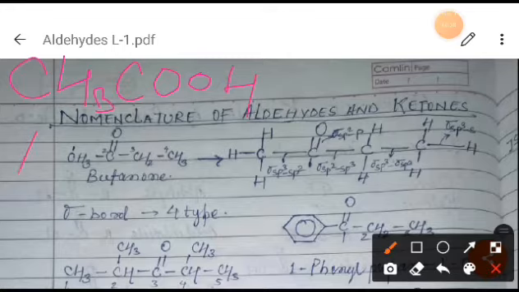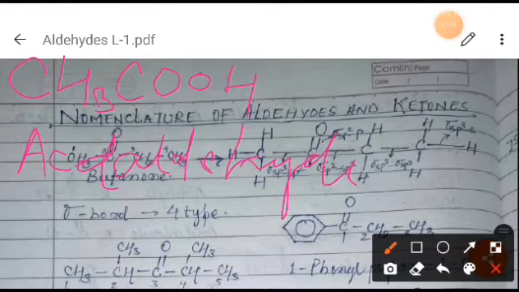In the name of acetic acid, in place of IC acid we use aldehyde: acetaldehyde.